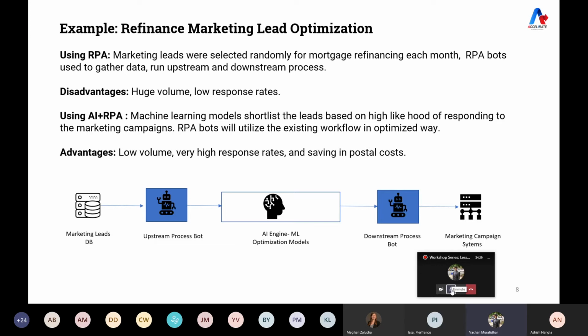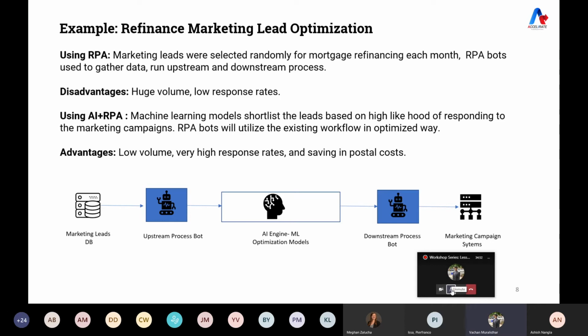The output of the machine learning models is a probability, right? So the business sets up a certain threshold. For example, let's say we set the threshold at 85%. The models will pick the candidates from the leads who are likely going to respond above that threshold.